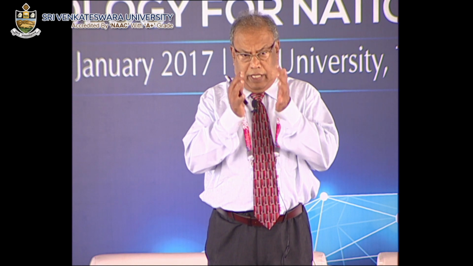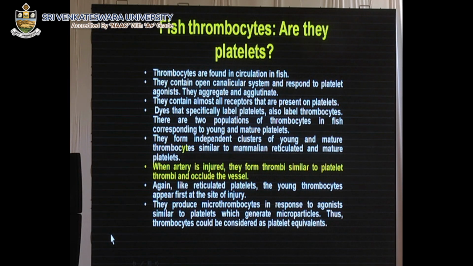But then the question remains: fish have nucleated thrombocytes, as do other vertebrates like reptiles and birds, but mammals are the only ones which have a non-cellular component called platelets. What is the advantage for them is a question that we raised.